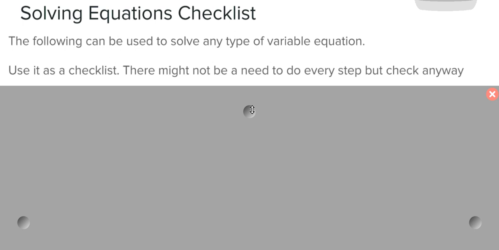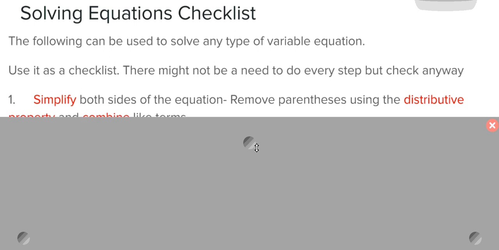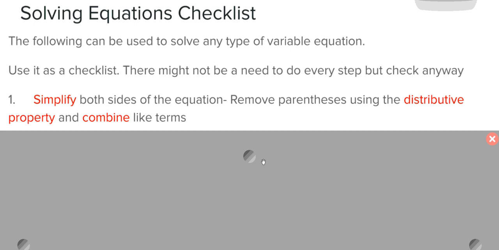Okay? So first things first, we want to simplify both sides of the equation. Simplify, as we've learned, means we're going to remove parentheses using the distributive property and combine any like terms. So if you've got parentheses that can be removed using the distributive property on either side or on both sides, do that. And if there are any like terms on each side, combine those.